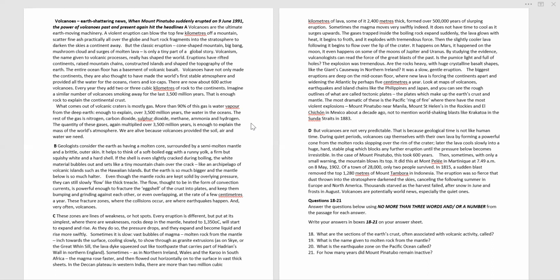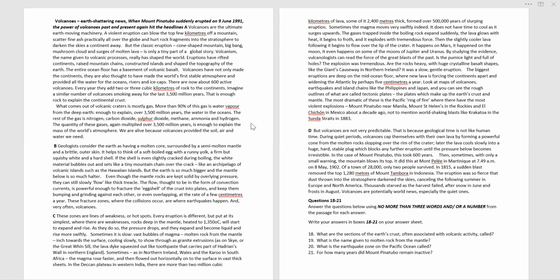That is egg cell. Eggshell. No. Which paragraph are you looking at?